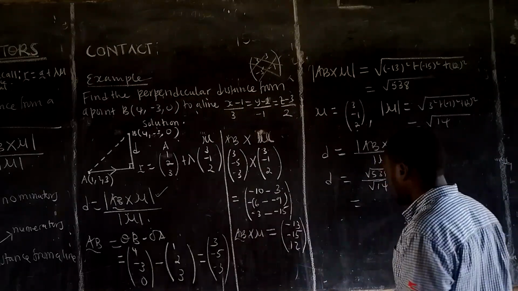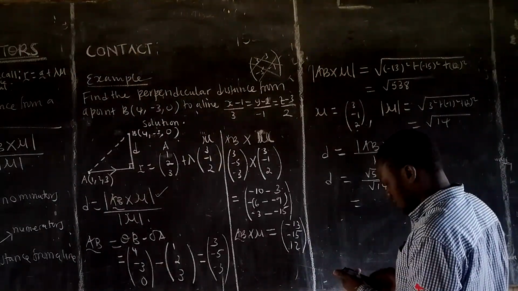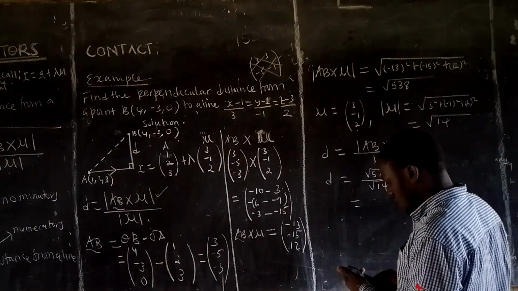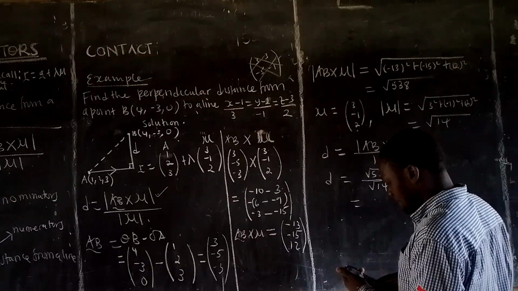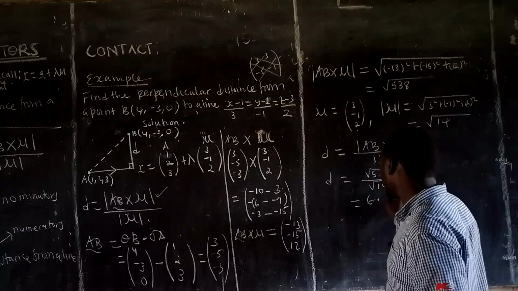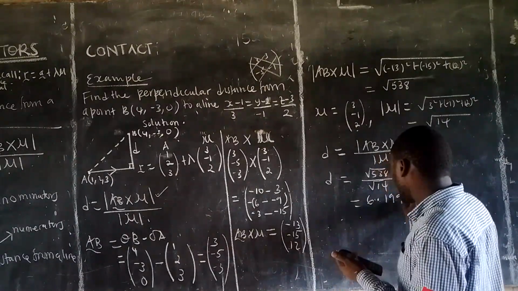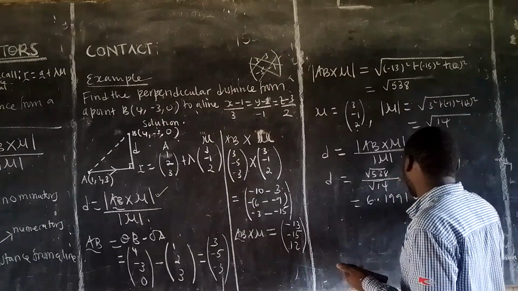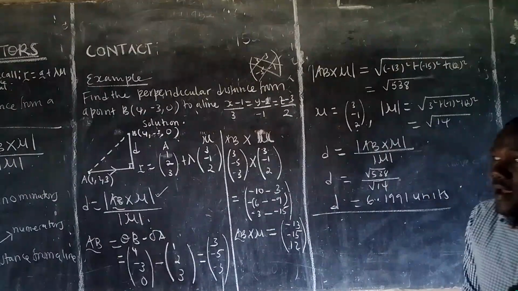So our D will be equal to the square root of 538 divided by the square root of 14. The answer we have is 6.1991 units. So now that is our perpendicular distance.